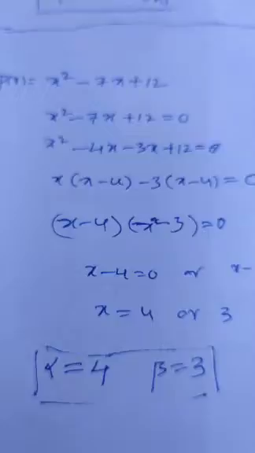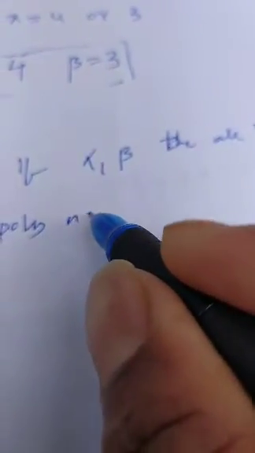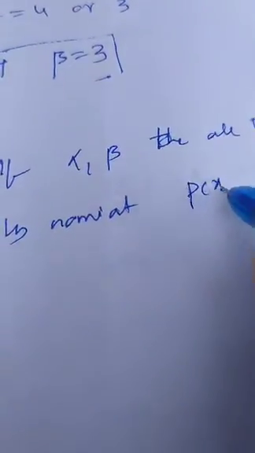And if the zeros of the polynomial are given, then how to find the polynomial? Suppose, one example, if alpha, beta are the zeros of the polynomial p of x.